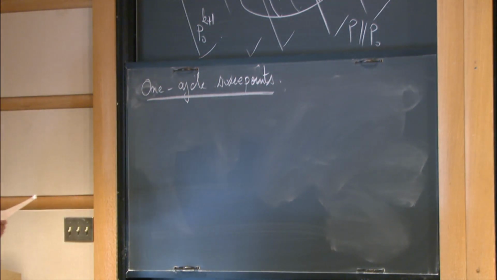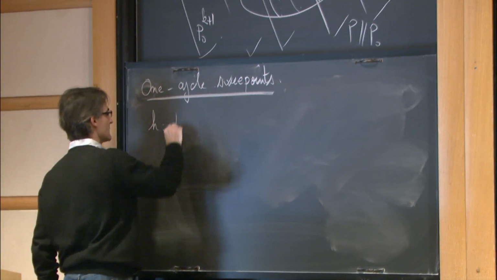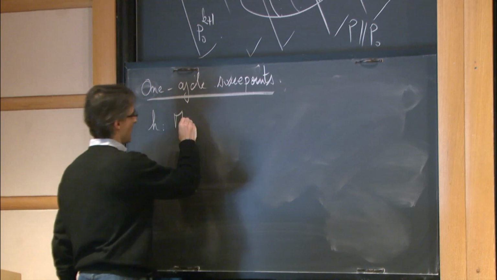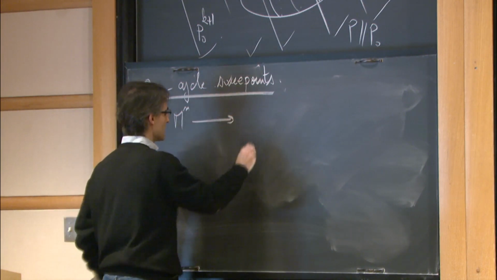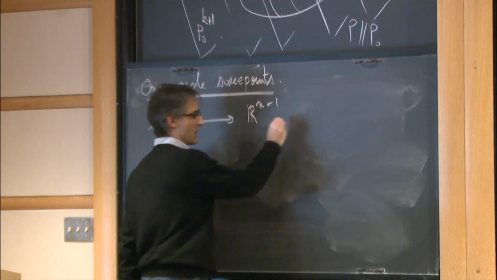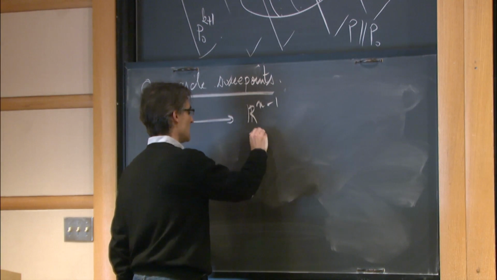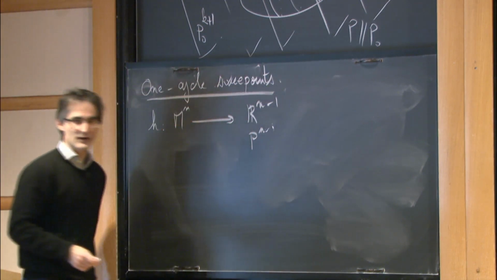So there are several ways to define them. One natural way would be just to consider a map from the manifold M to, let's say, R^(n-1), or more generally to an (n-1)-complex.